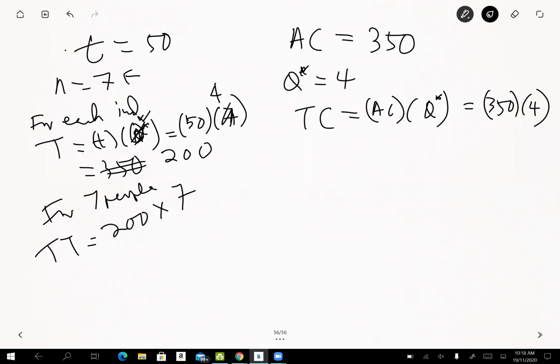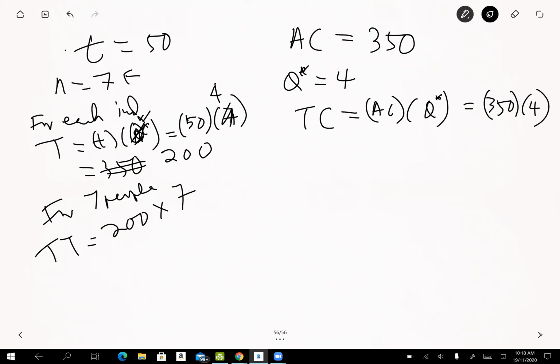The tax will be 350 ringgit. Everybody equal, so we got 50, and then everybody will pay 200. So 200 multiplied by 7, so 1,400. You got the amount. Now, where is my mistake?